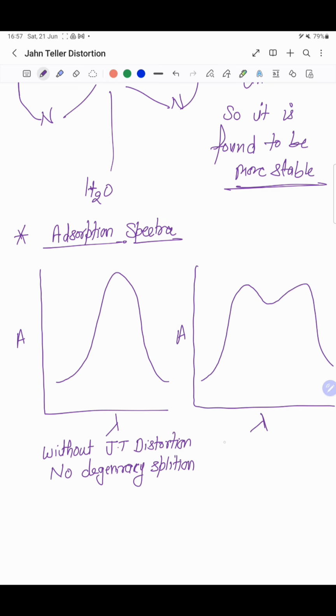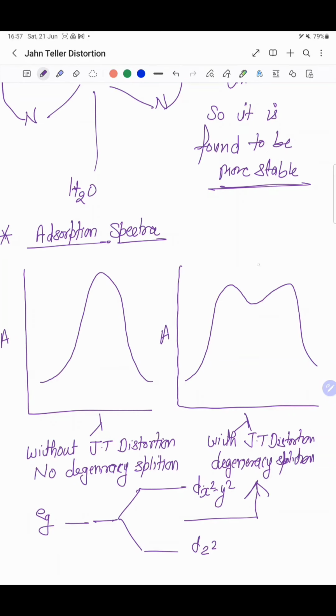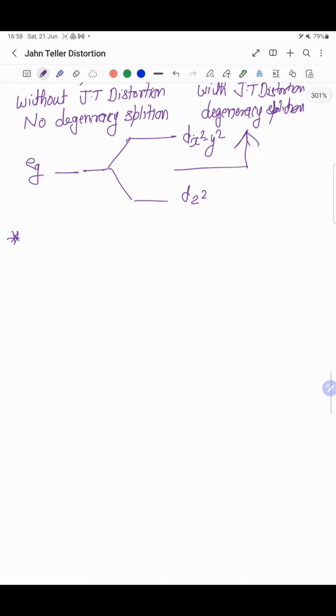When degeneracy is lost, there is more possibility of transitions and the single peak spectrum splits into a double peak spectrum. This can only be explained by the loss of degeneracy, by the loss of symmetry, and thus this splitting of the spectra is explained by Jahn-Teller distortion.